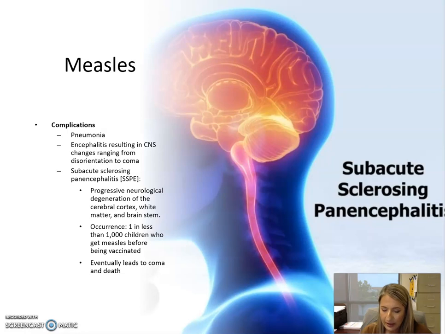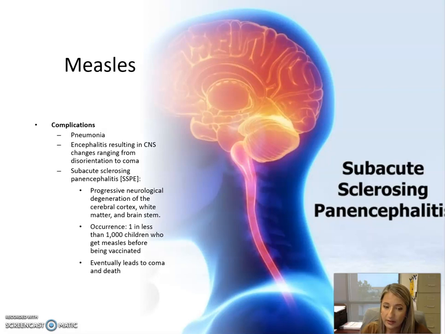These particular areas are very important as they control things like muscular movements, which ultimately control things like breathing and the heart. So if these areas of the brain are being destroyed by the measles virus, obviously one would not be able to live without these regions.